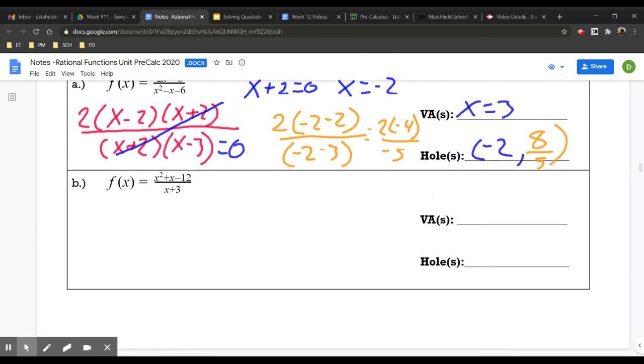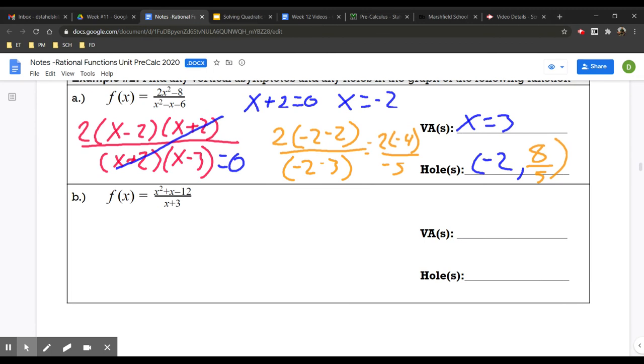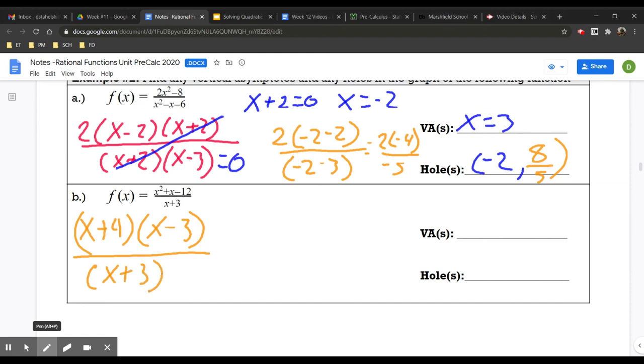So let's take a look at the next problem, which again, we need to factor the numerator. That factors as x plus 4 and x minus 3 all over your x plus 3. So here's the thing.